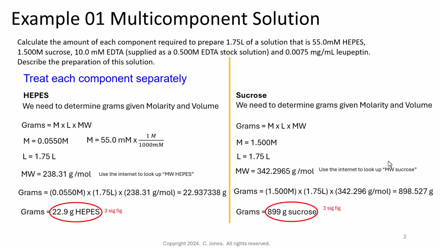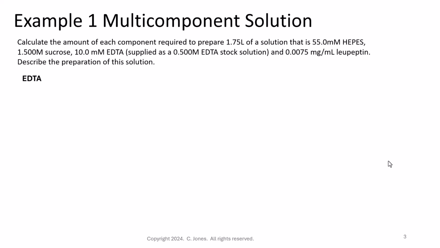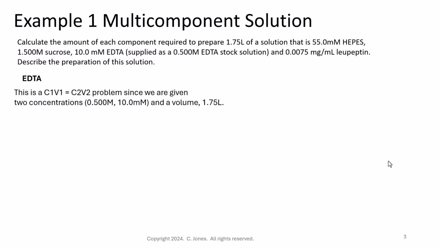Okay, so now we've got 2 of these components calculated. What's the next one? The next one is EDTA. Here we see that for EDTA, we are given 2 concentrations, 10 millimolar EDTA and 0.500 molar EDTA, and a volume.